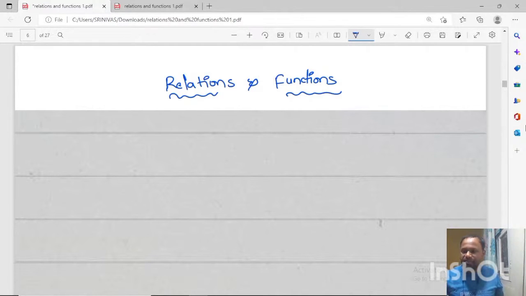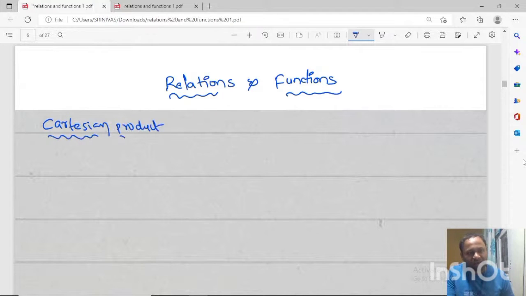Before seeing it, we need to know what we mean by relation and what we mean by function. Relations depend on the Cartesian product. You have to know about the Cartesian product.